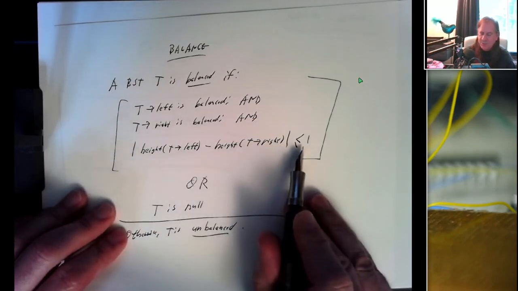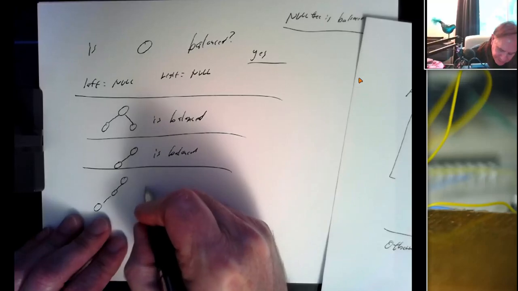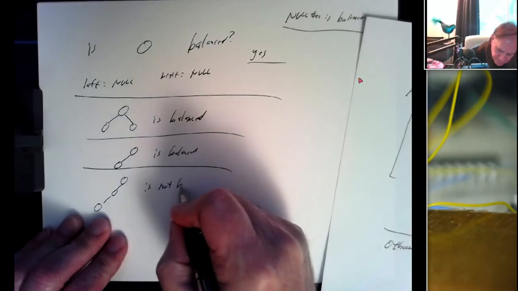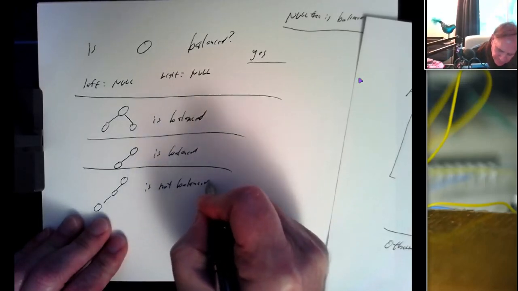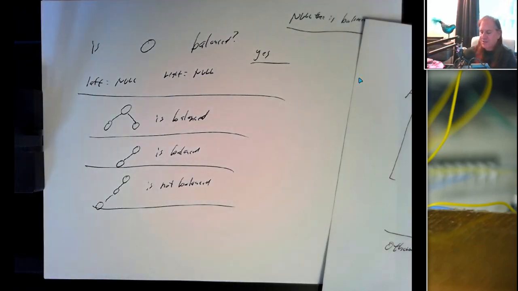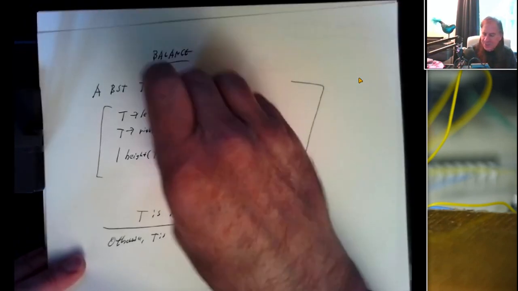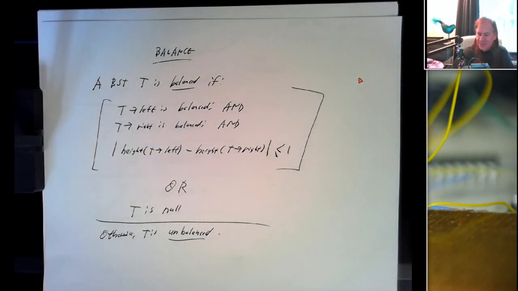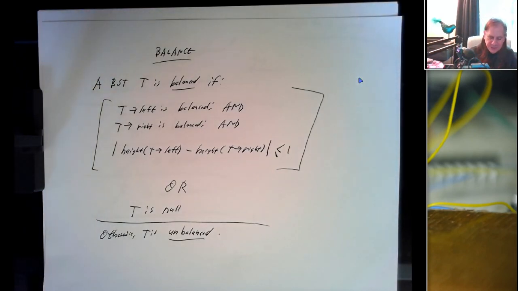And 1 minus -1, that difference is 2, which is bigger than 1. So this is not balanced. So we can start to develop an intuitive notion of what it means for a tree to be balanced, but this is the definition. And we always want to come back to the definition and make sure that that's what we're using to decide whether or not a tree is balanced.